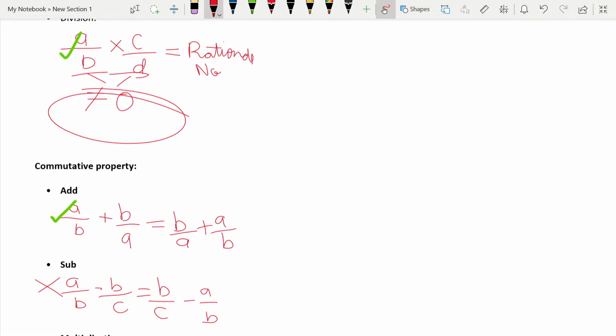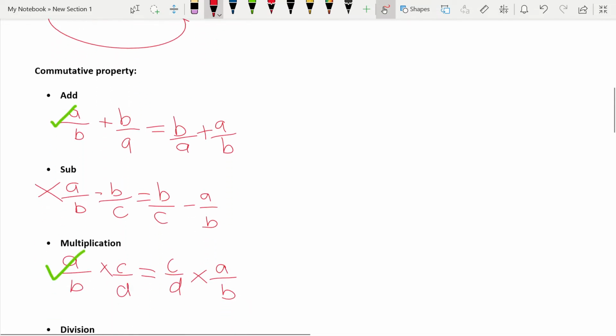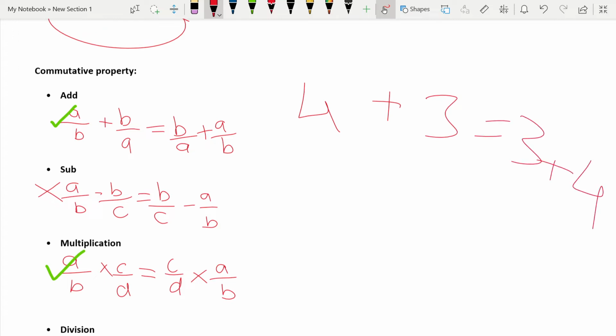Commutative property. Now commutative property is when you can do 4 plus 3 is equal to 3 plus 4, which we all know is right, which we all know is a property because we learned that in class 7. So a by b plus c by d is equal to c by d plus a by b. We agree with that, so it's correct.